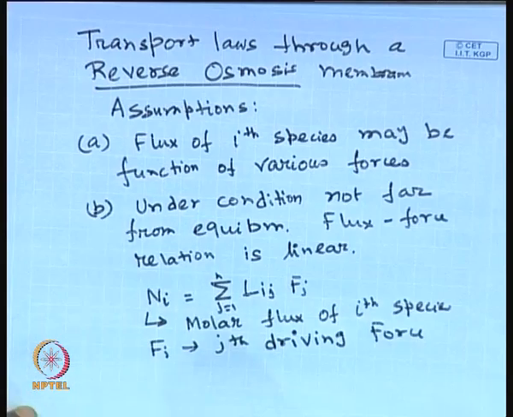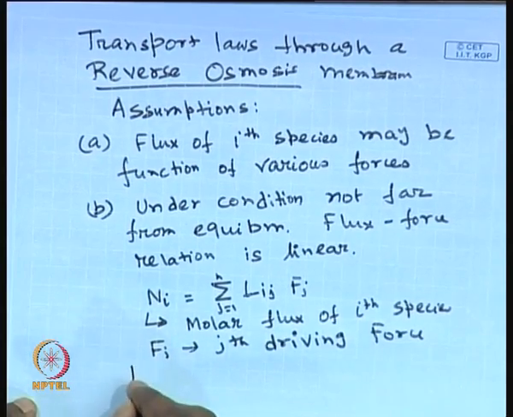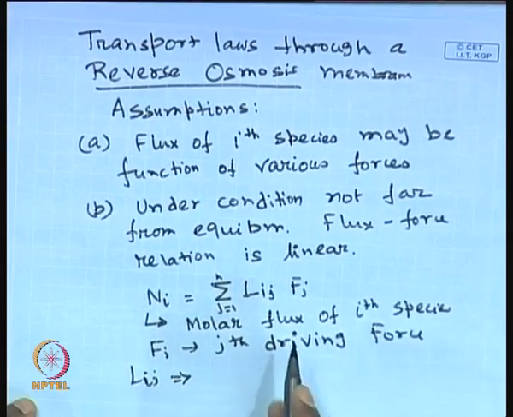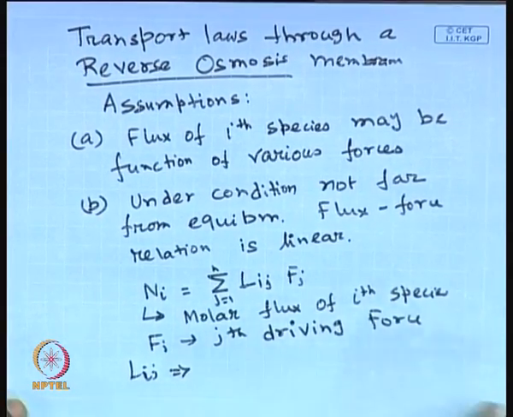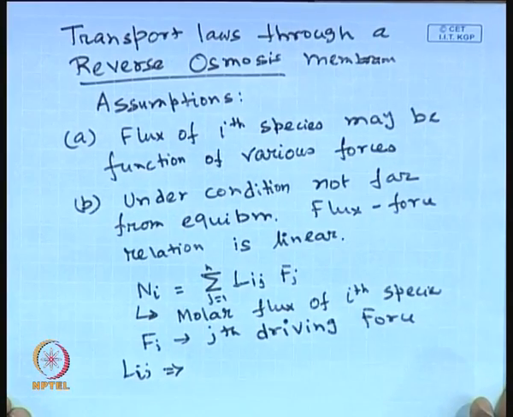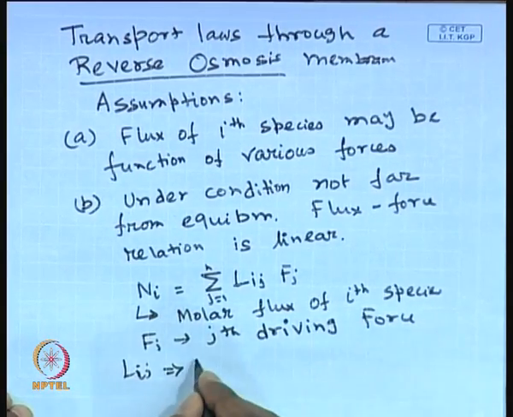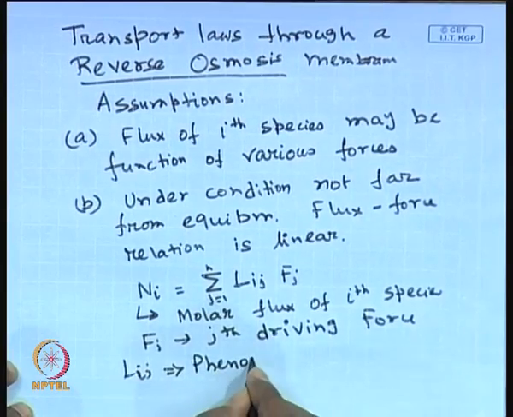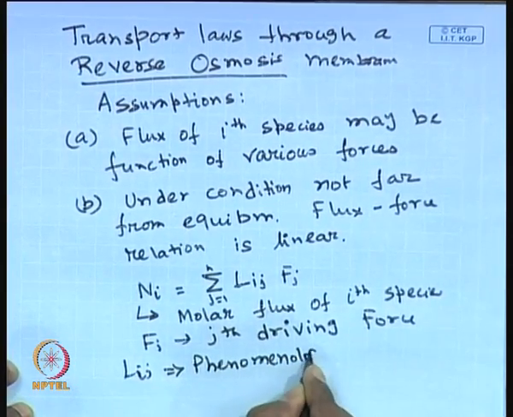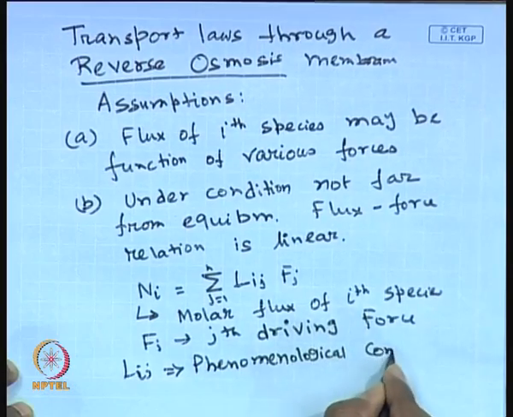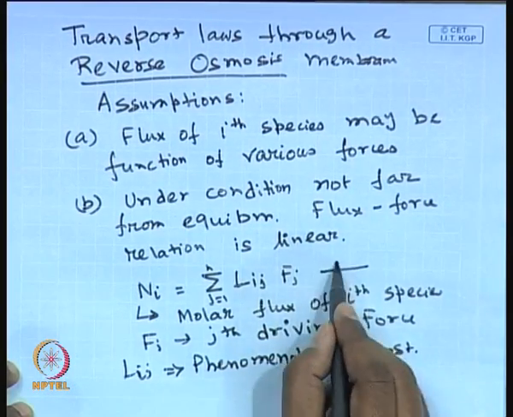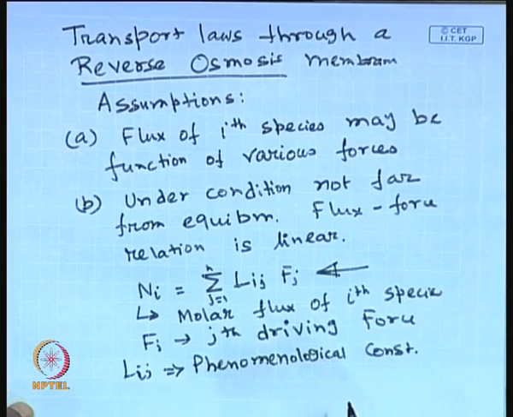Let us say n number of driving forces are present, maybe concentration difference, maybe pressure difference, and so on and so forth, and Lij are basically the proportionality constants, and more often they are known as phenomenological constants, because this relationship is derived from the phenomenological equation that I discussed at the start of the class.